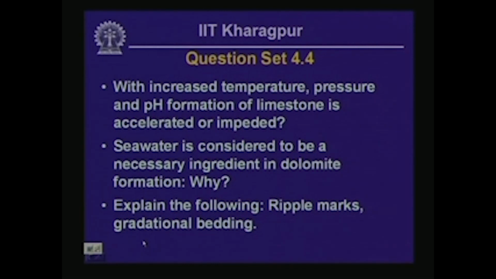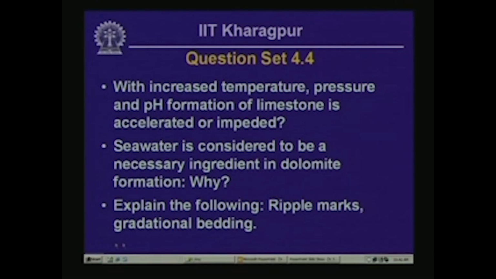The second question that I asked was, seawater is considered to be a necessary ingredient in dolomite formation. Why is that so? Now, to understand that, again we have to look at the chemical process involved in the formation of dolomite.